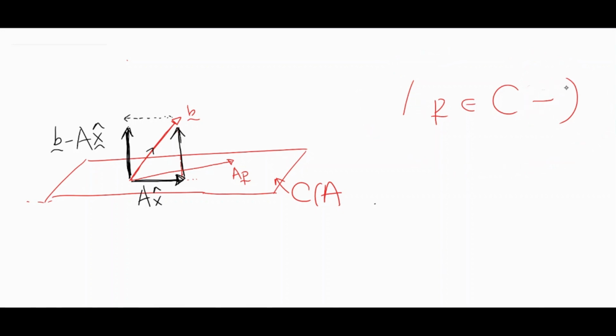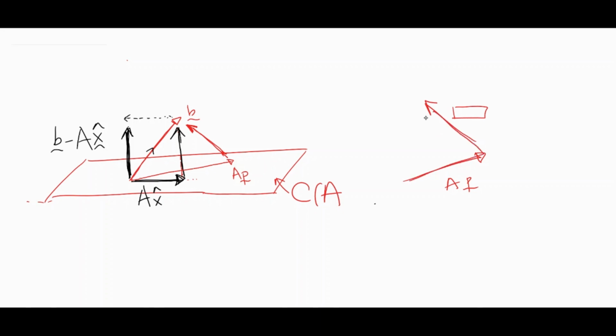This is AP. Now let's look at another quantity, which is B. Let's look at this vector right here. In this simple vector diagram, this is AP, and this is another, unknown vector.